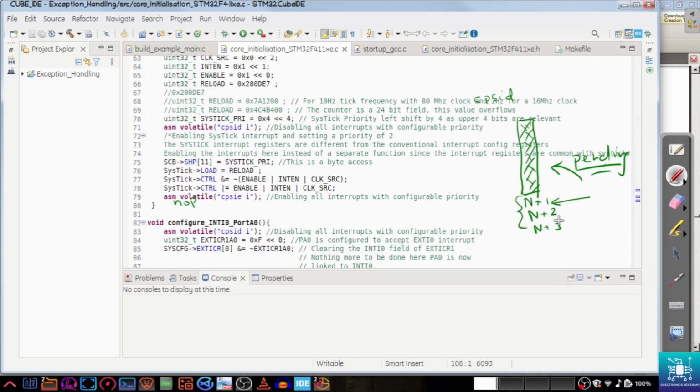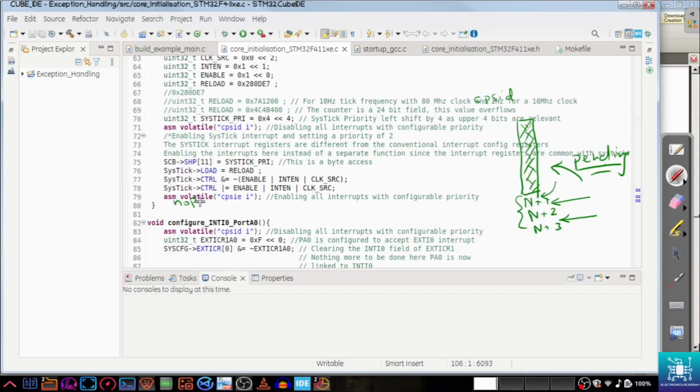Suppose the pending interrupt might be serviced here. So generally what is done is, an ISB instruction is issued so that this pipeline is flushed and the pending interrupt gets executed immediately. So generally the ISB instruction should be coming here.